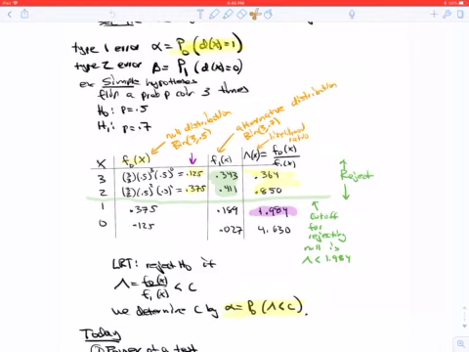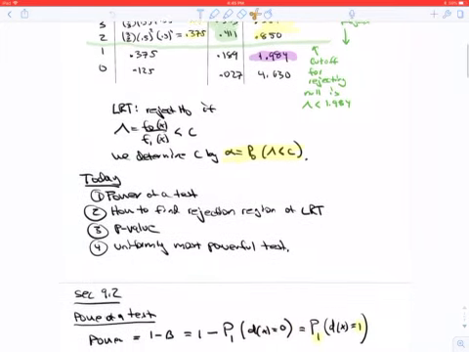So when the likelihood is large, that means that f0 is large and f1 is small, and that favors the null. So the likelihood ratio always has the form that we reject the null if the likelihood ratio is less than some constant c that's determined by alpha.